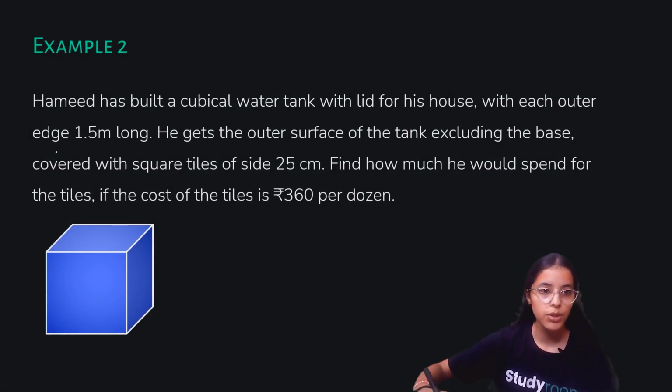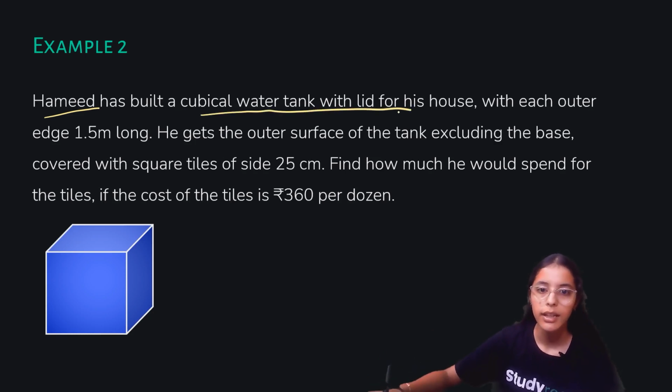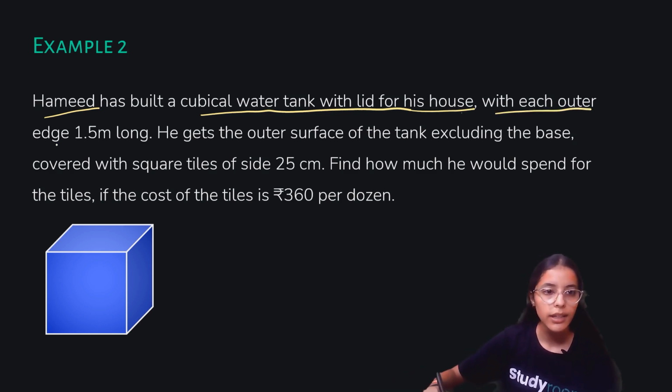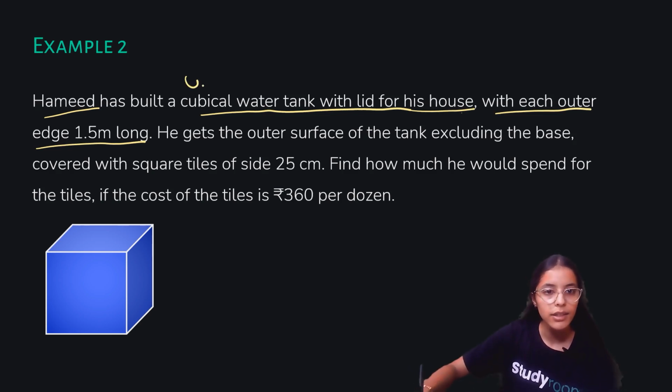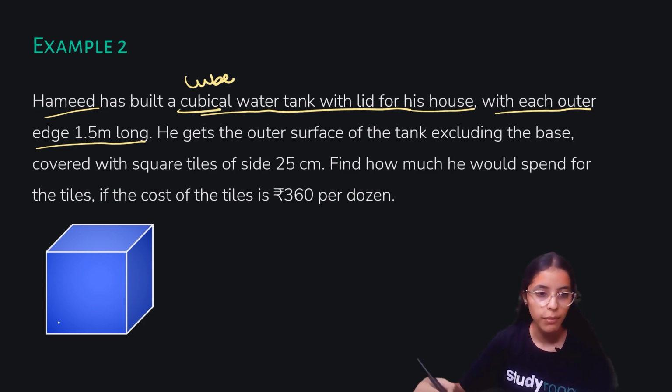Now in example number 2, Hamid has built a cubical water tank with a lid for his house, with each outer edge as 1.5 meters long. That is, we have a water tank shaped as a cube, and it has a lid, and each edge is 1.5 meters long.